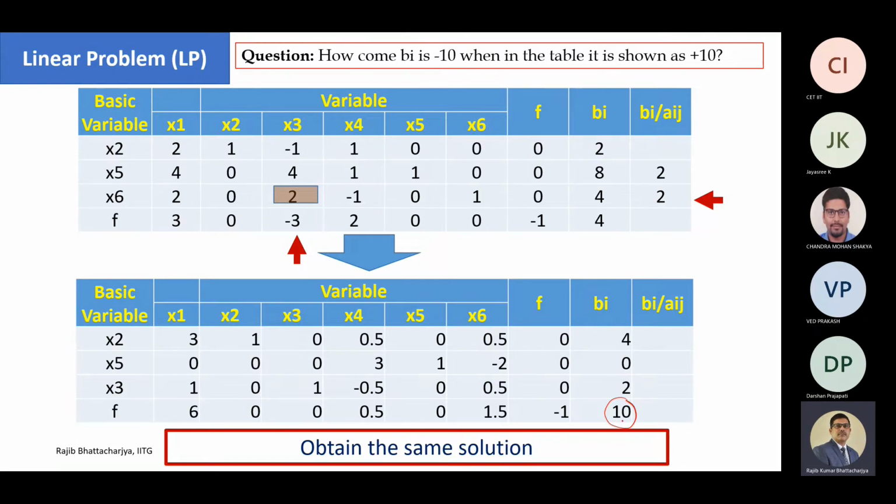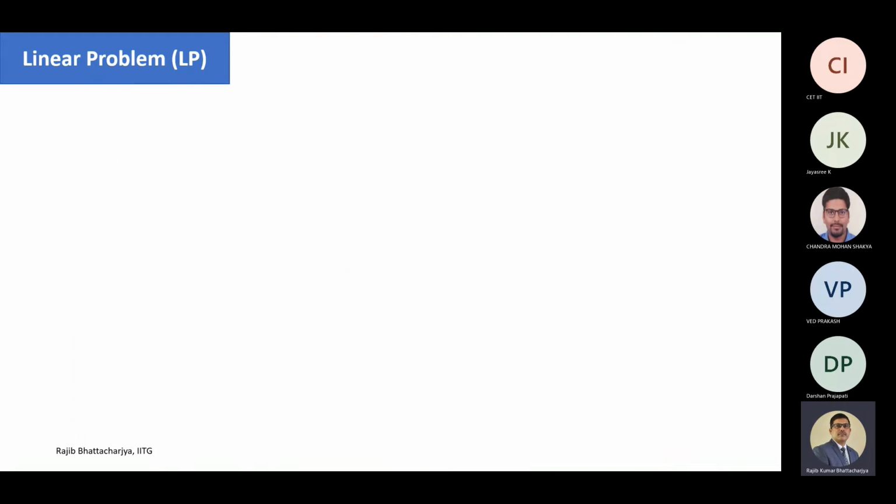Basically it's a positive value, but if I write the last equation, then minus f equals 10 and f equals minus 10. So I'm saying the f value is minus 10, but the BI value is positive 10. This is related to your LP problem, and I have applied the simplex method here.